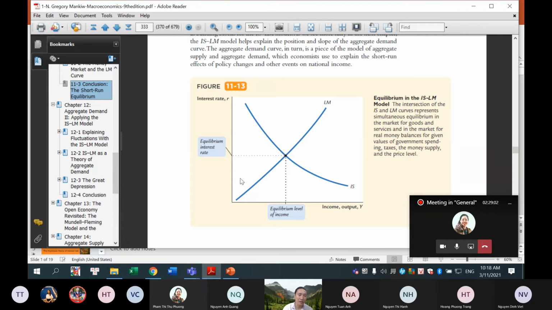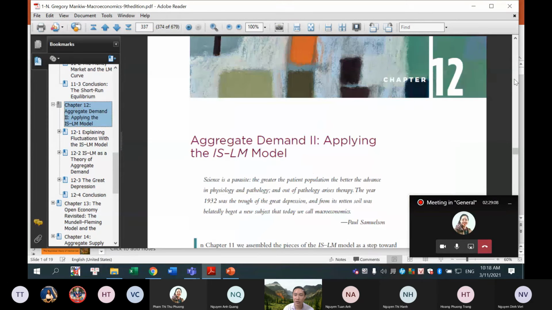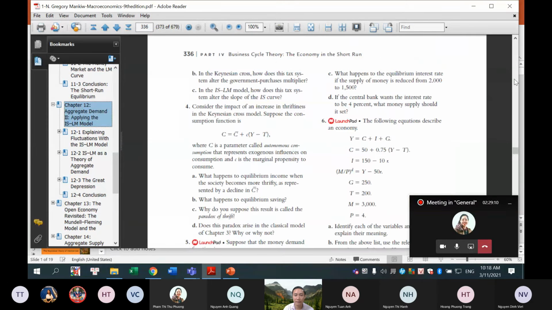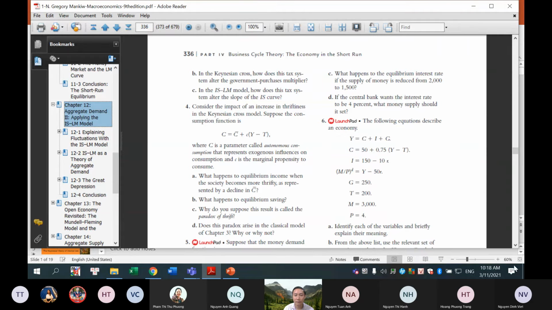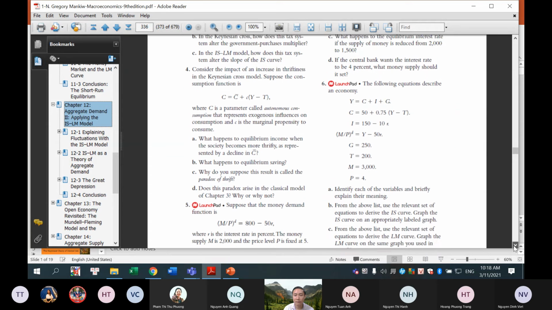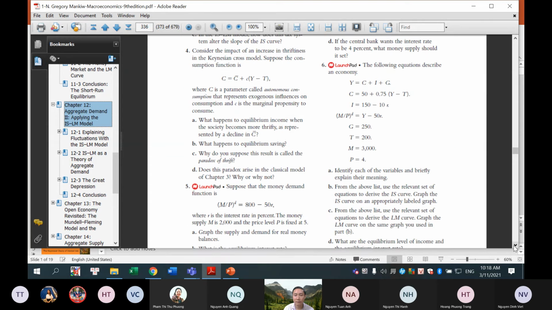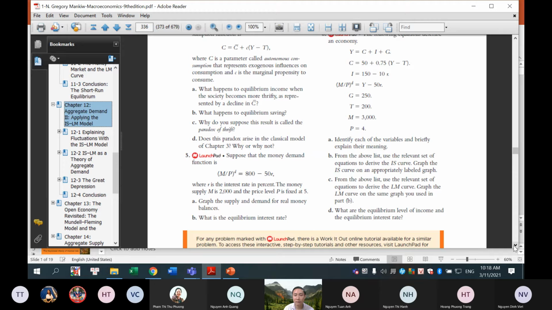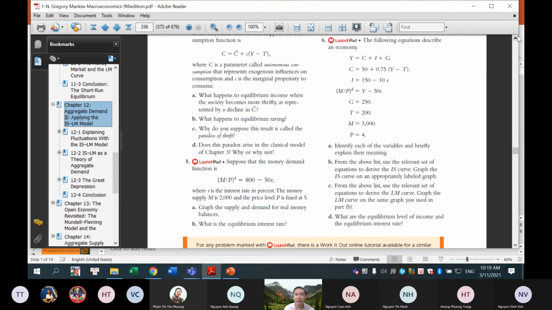Now you can go to the exercise of this chapter and let's see some situations.